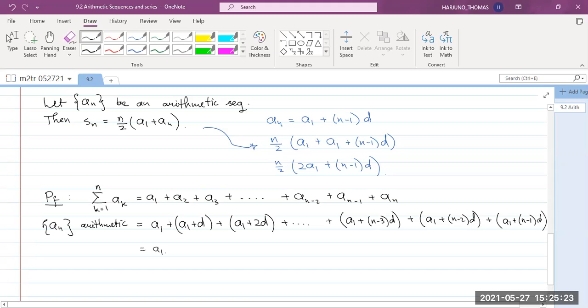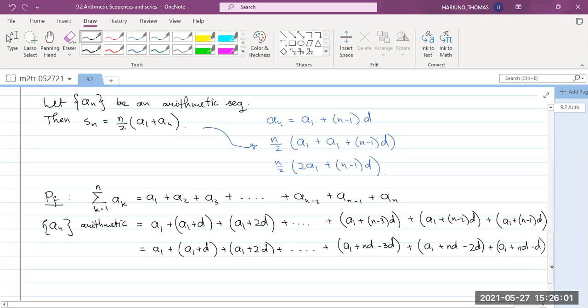Now, if I simplify those last three terms, we just want to see a pattern. Then this will be the first term plus n times d minus 3d, the first term plus nd minus twice the common difference, the first term plus nd minus d.